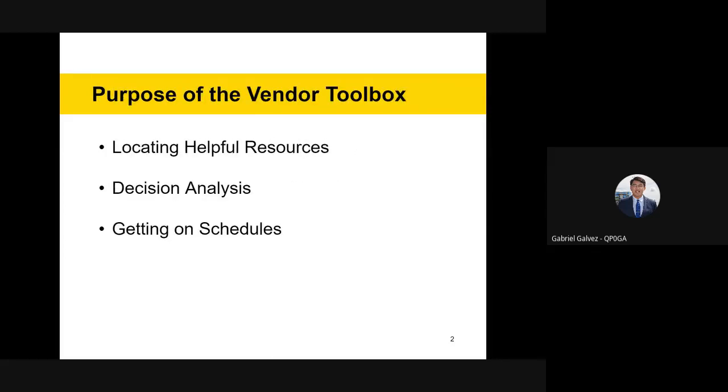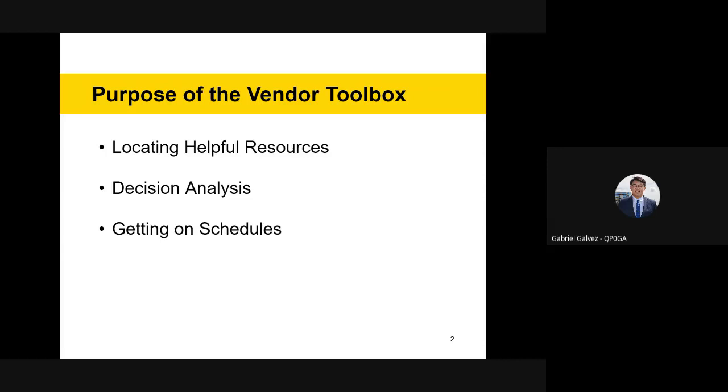The Vendor Toolbox has three main purposes. First, it helps vendors locate the necessary resources for getting on schedules, including links to the Small Business Administration, eLibrary, and beta.sam.gov, among other sites. Next, the Vendor Toolbox also helps prospective vendors with the three-step process to decide if they want to become a part of the Schedules program.